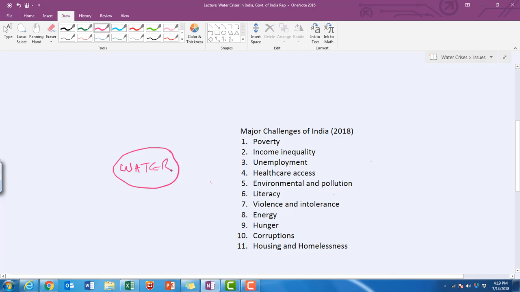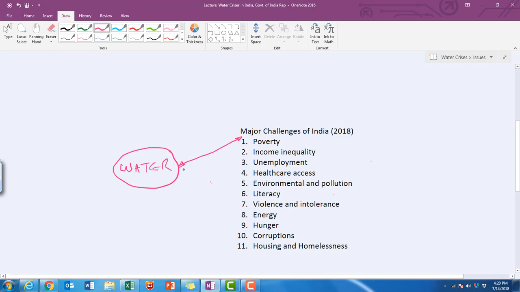And the reason I added water to this list is because water has a relation to all these challenges which I described. Here's an example: poverty and water. If you're poor, chances are that you may not have access to basic water. And even if you have access to water, it may not be safe for drinking.